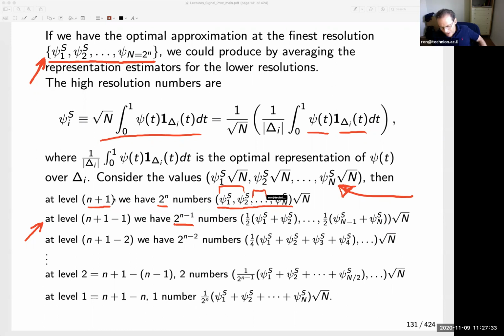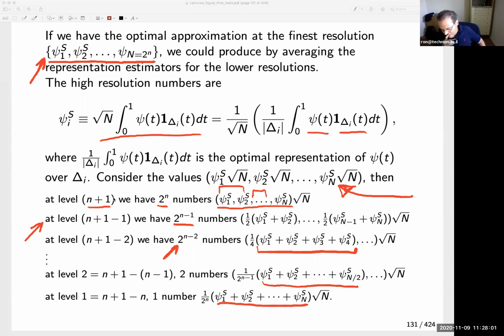And if we go to the next resolution, to a coarser resolution, then what we need to do is average 4 coefficients. And if we go to a coarser resolution, then what we need to do is average as many numbers as the number of resolutions that we have. And in the coarsest resolution, what we need to do is average all the coefficients, and they would give us the average of the signal.